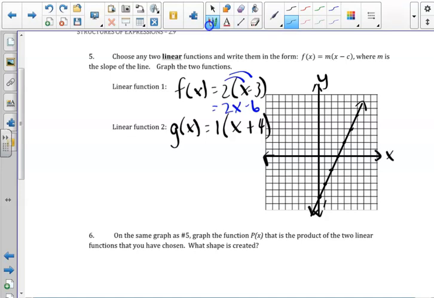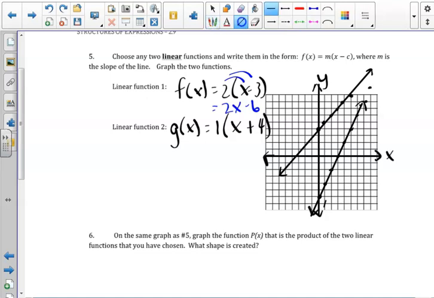And the second line is just the line x plus 4. So the y-intercept is 4. And I go up 1 over 1, up 1 over 1, and I keep doing that. And I'm also going to extend that first one just a little bit, up 2 over 1, up 2 over 1.